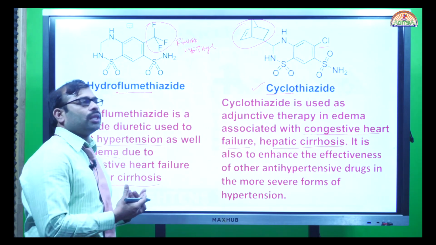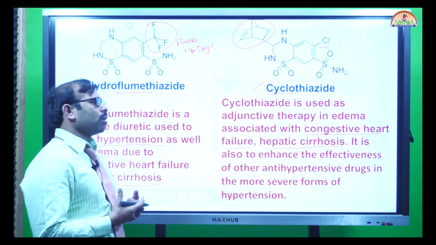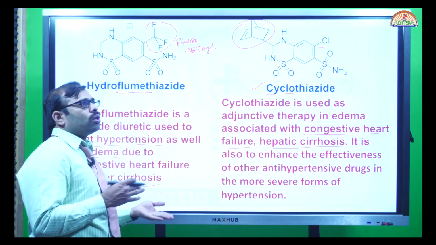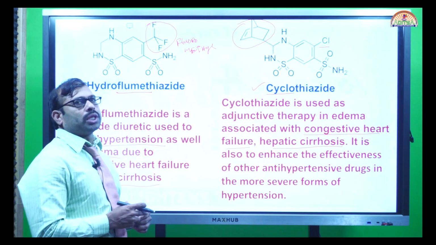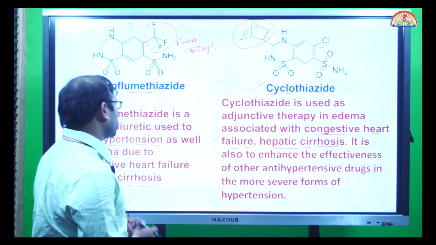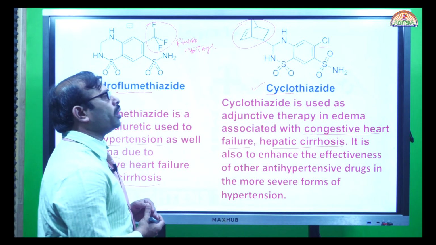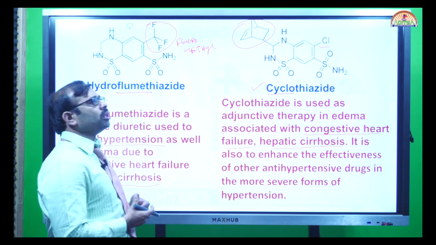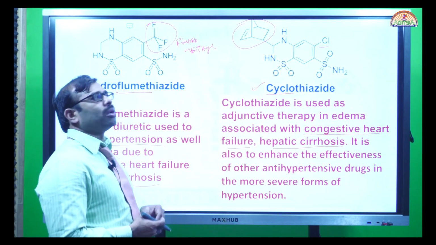If anybody is suffering from a more severe form of hypertension, they give a combination of antihypertensive drugs along with cyclothiazide, as an important use, right? So we have learned the drugs mentioned as diuretics, especially in the thiazide class, their mode of action, followed by their uses one by one.